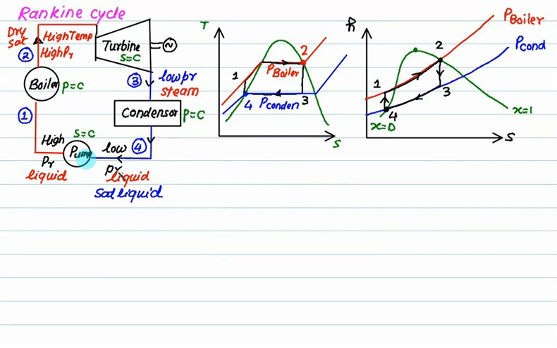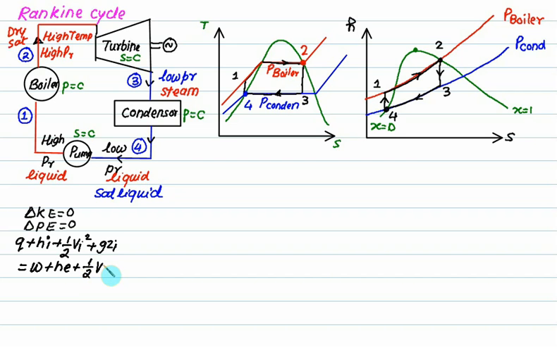All devices are working in a cyclic process, and normally we neglect the changes in kinetic energy because the magnitude of kinetic energy is very, very small, and the magnitude of potential energy is also very small. The steady flow energy equation is Q plus Hi plus half Vi square plus g Zi equals W plus He plus half Ve square plus g Ze, where i represents inlet and e represents exit.